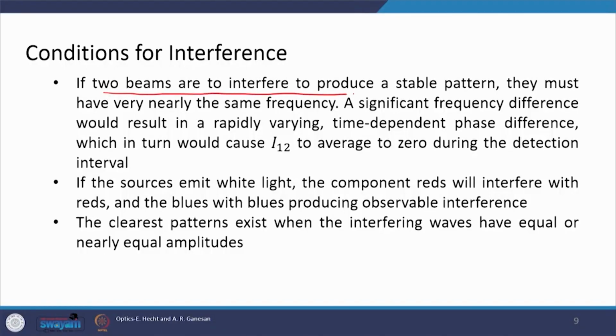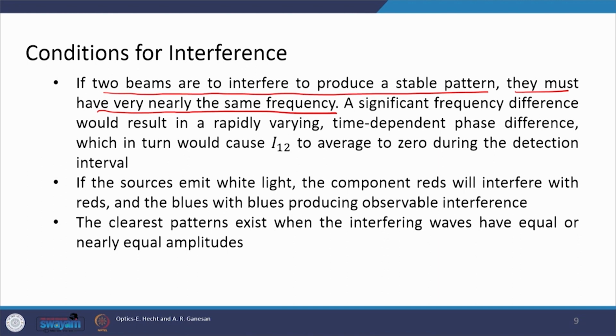Okay. Now, a few takeaways from this analysis: if two beams are to interfere to produce a stable pattern, they must have very nearly the same frequency. This is the prerequisite to observe beautiful fringes. Please observe the wording, beautiful fringes. Interference will happen anyway, irrespective of whether the sources are coherent or not, whether their frequencies are close to each other or not, irrespective of their amplitudes.